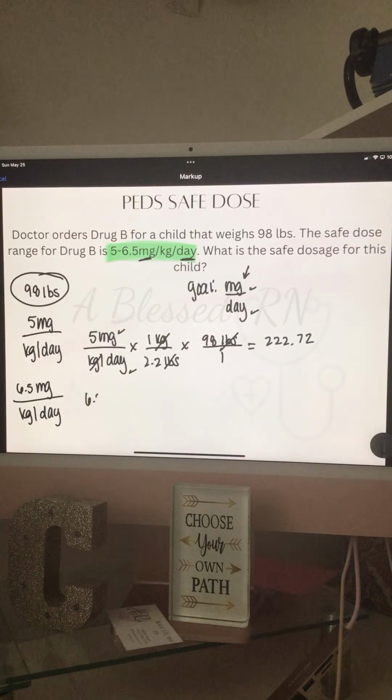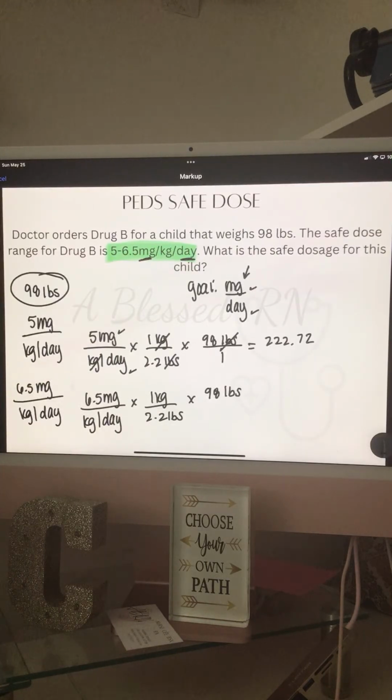So we'll do the same setup with the 6.5. So 6.5 mgs per kg per day times 1 kg over 2.2 pounds times 98 pounds over 1. Kilograms cancels out. Pounds cancels out. Milligram on the top and day on the bottom. It's the exact same thing.